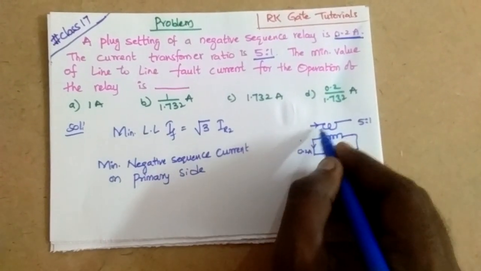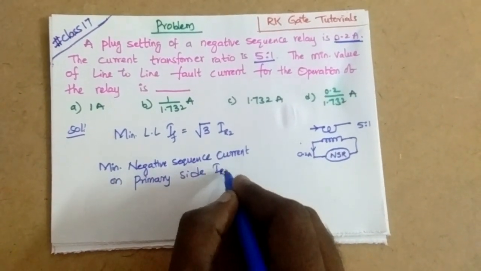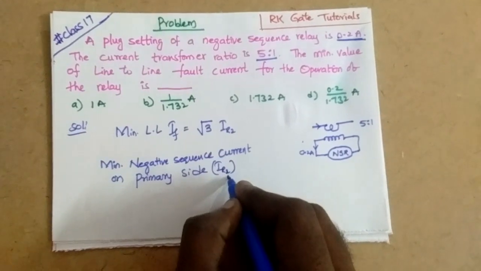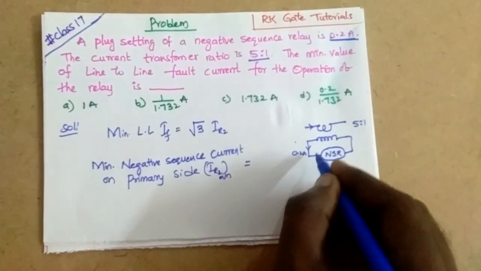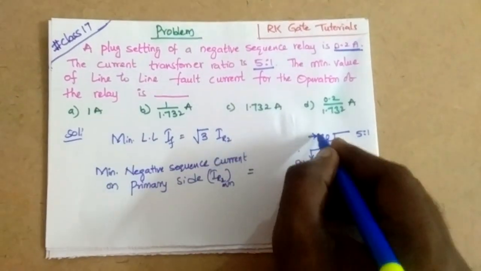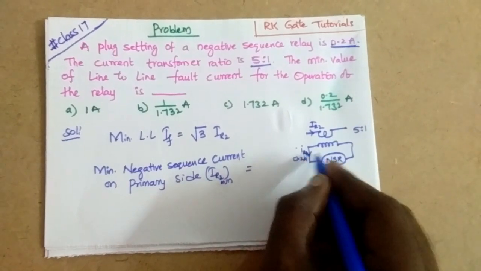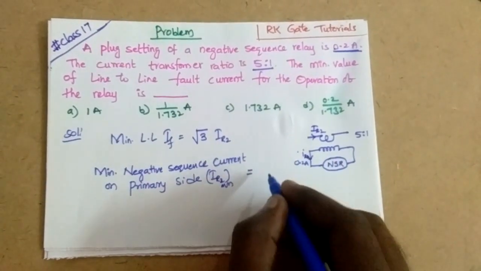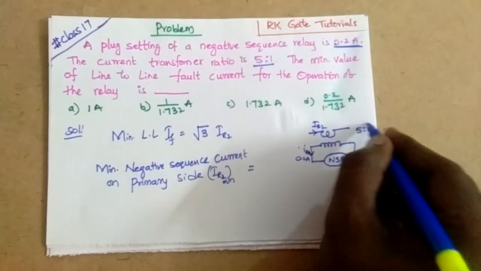Here it will be IR2 minimum, equal to, since this is capital IR2, this is small IR2, the negative sequence current on the secondary.